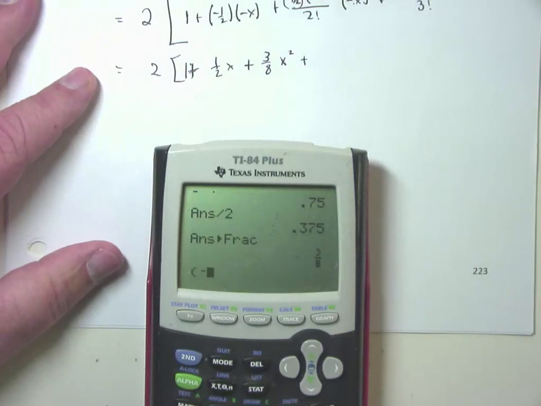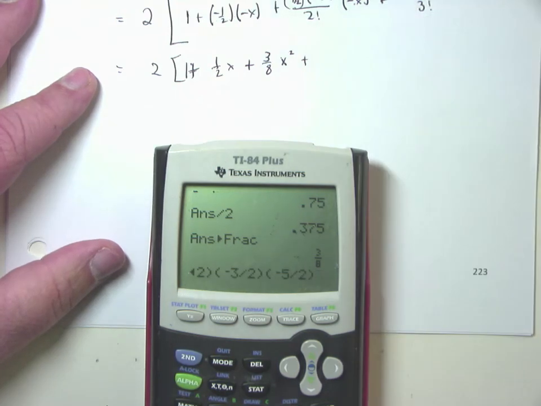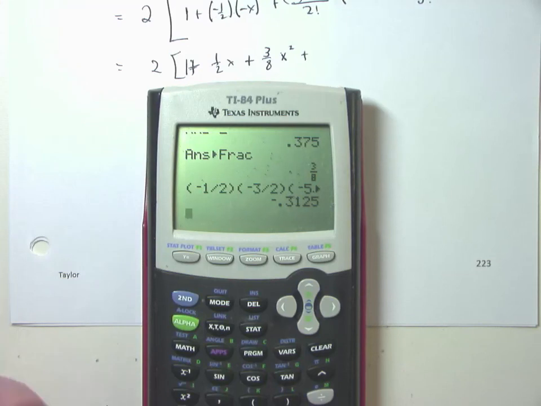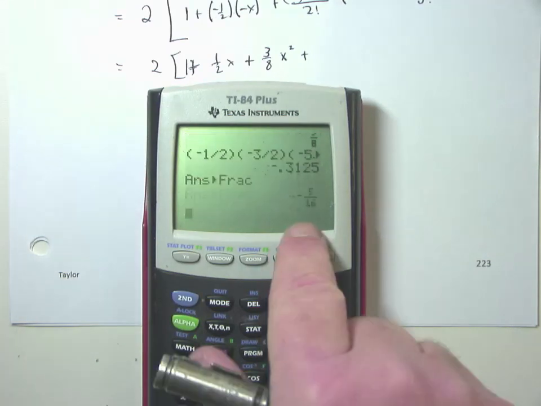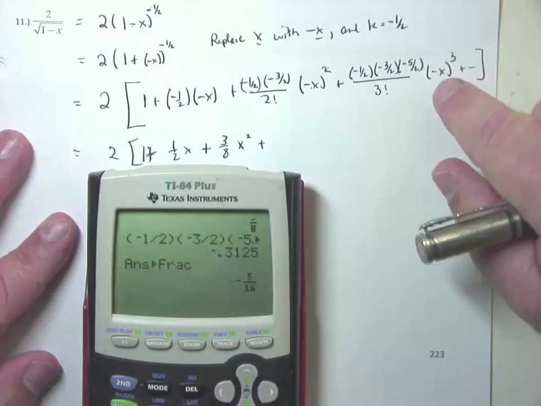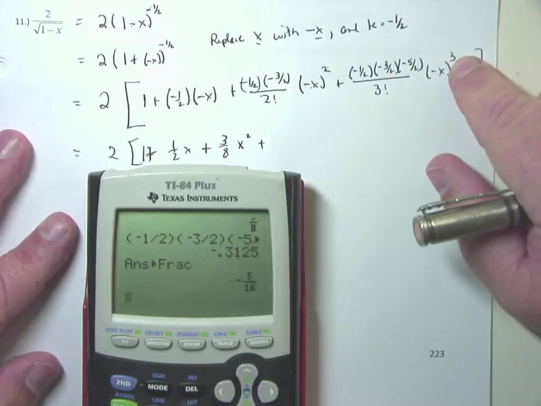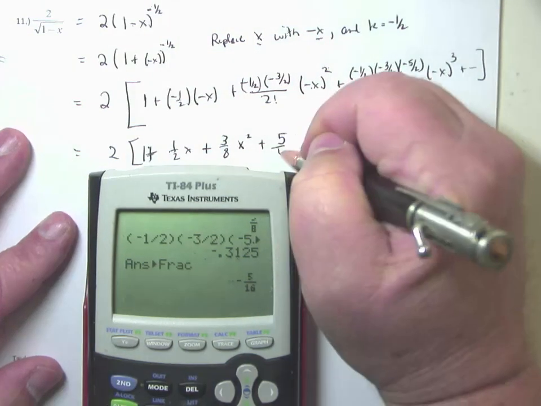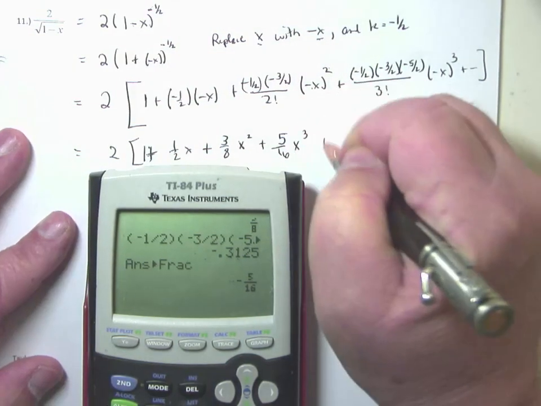Parentheses, negative 1/2 times negative 3/2 times negative 5/2 divided by 3 factorial, which is 6. And I get negative 0.3125, which makes it a fraction here of negative 5/16. But wait a minute. What is negative x cubed? Negative times that negative makes it a positive 5/16 x cubed plus dot, dot, dot.